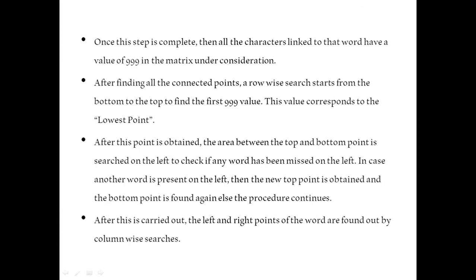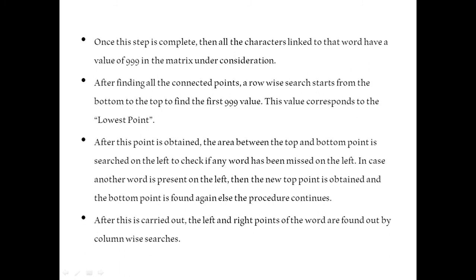Once this step is complete, all the characters linked to that word have a value of 999 in the matrix under consideration. After finding all the connected points, a row-wise search starts from the bottom to the top to find the first 999 value. This value corresponds to the lowest point.